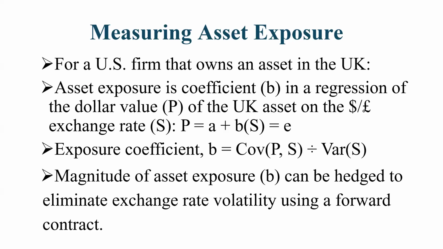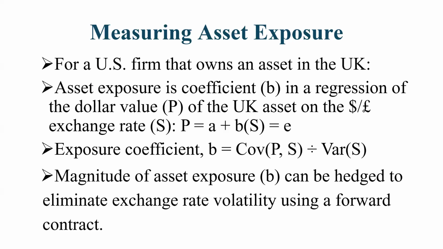And a negative coefficient means that as the exchange rate increases, the asset value P would decrease. All right, so let's be clear again. A negative coefficient means that as the exchange rate S increases, the asset value P will tend to decrease.